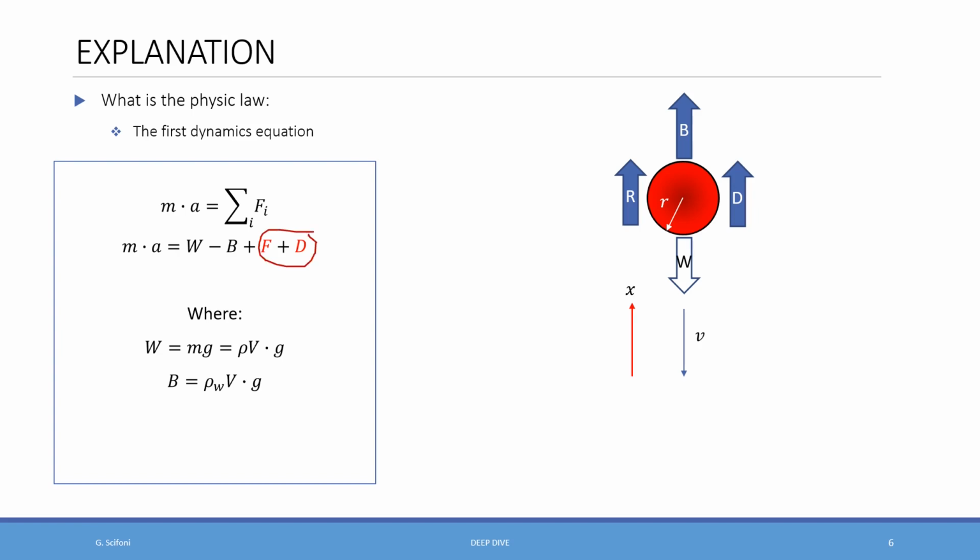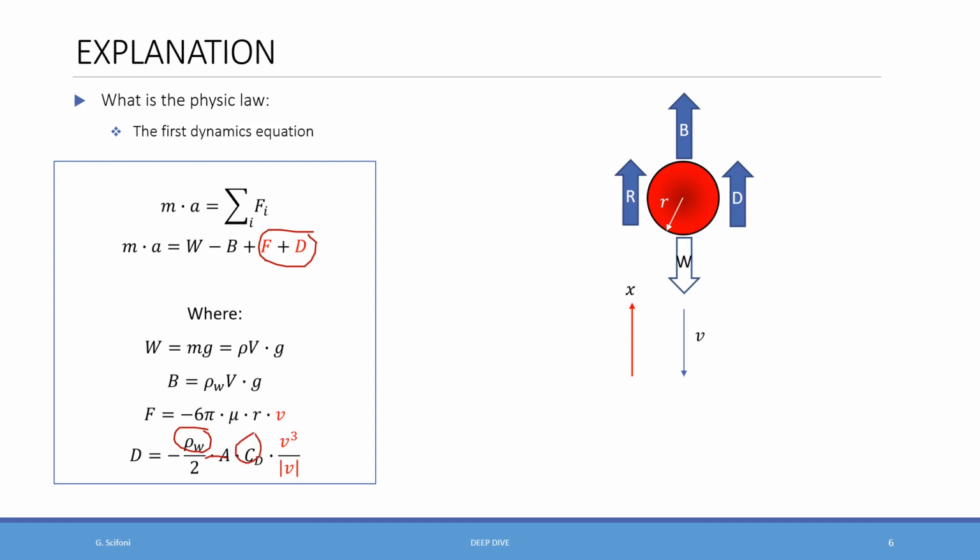The friction F is equal to this formula, which is given by the Stokes law, and is proportional to the speed and to the viscosity of the medium μ, and also depends upon the radius R. And the last force is the drag, which is proportional to the velocity squared, the density of the medium, so rho W, the cross section A, and its shape by means of the drag coefficient CD. We will see this topic in detail afterwards.